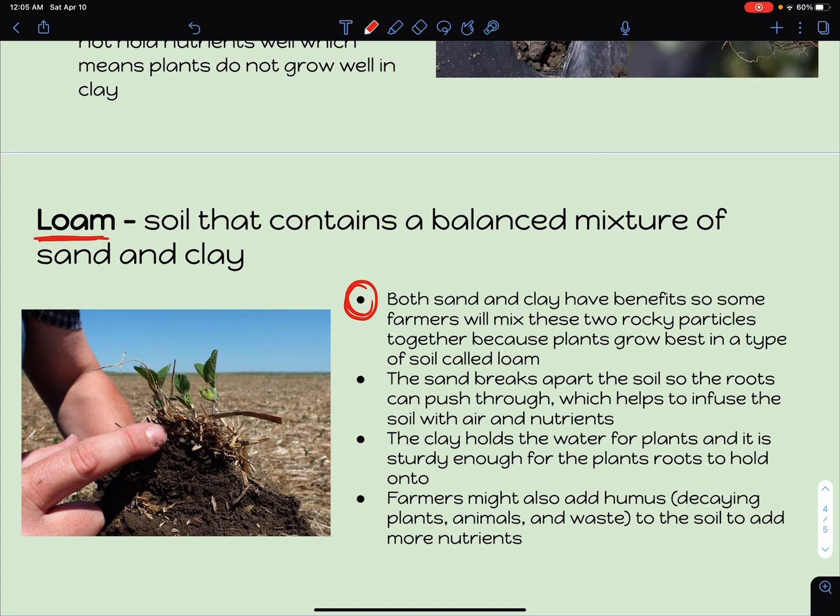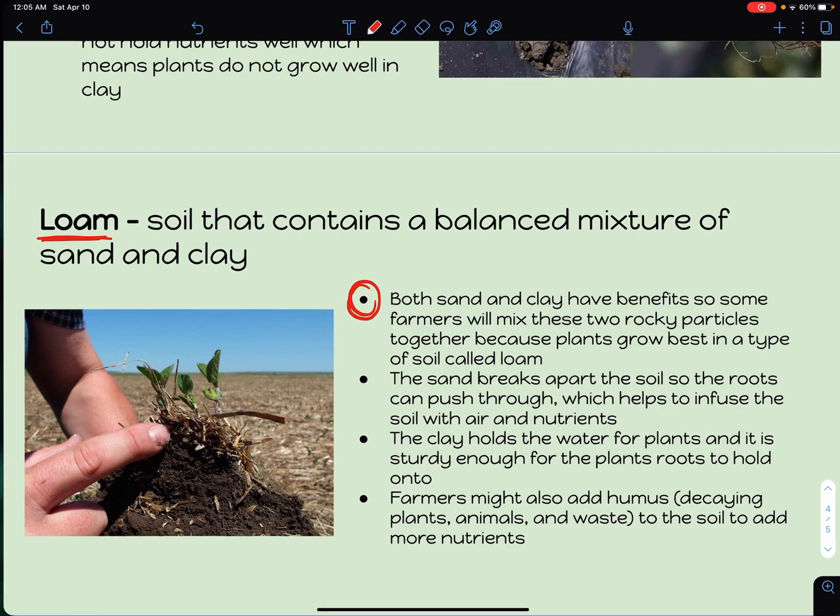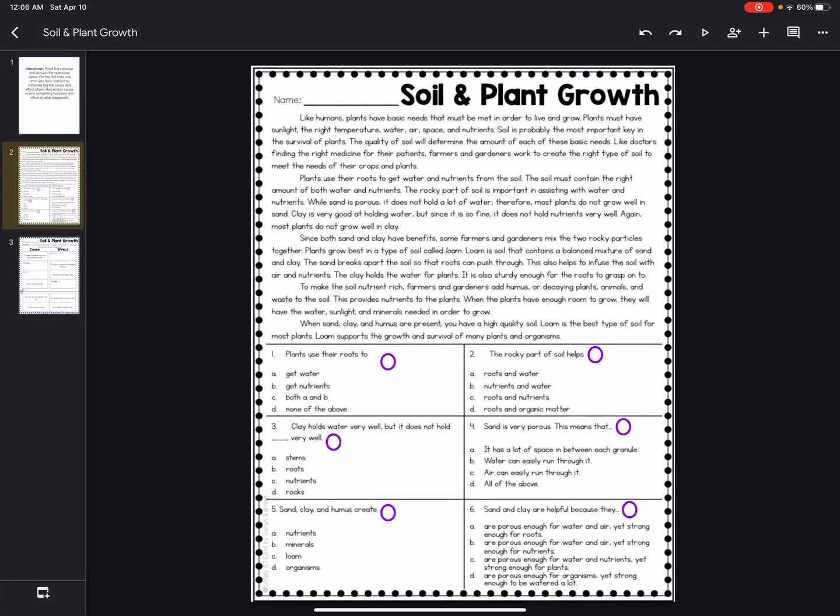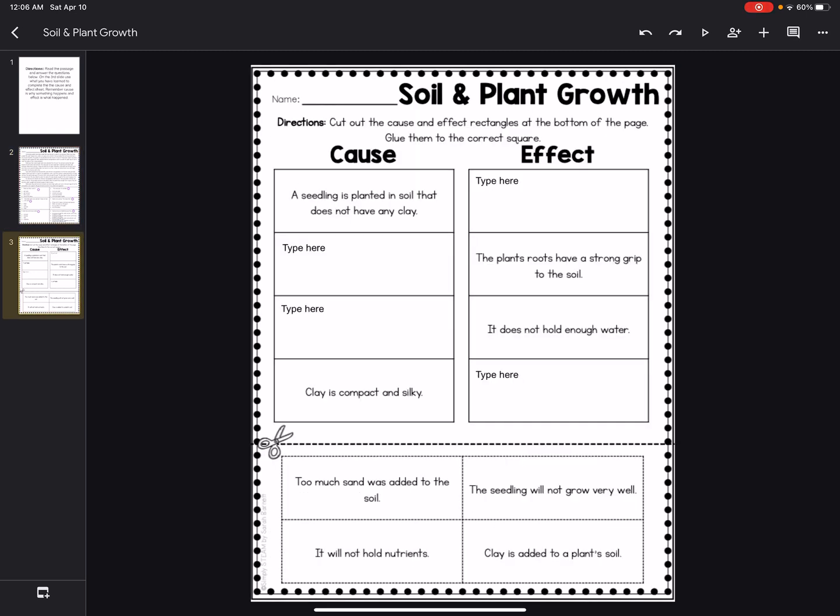Okay? So today, what you're going to do for your assignment is, I'm going to show it to you, you have a reading, and then you've got some questions down here, and this is still talking about soil and plant growth, and then you've got a cause and effect sheet, right?